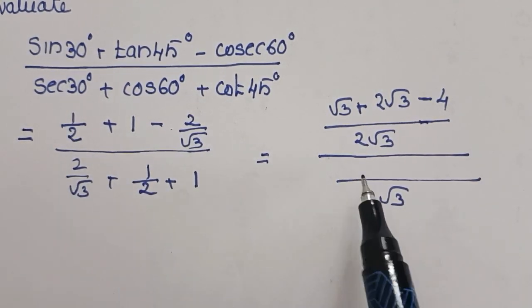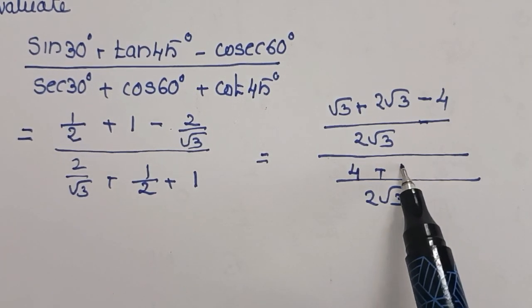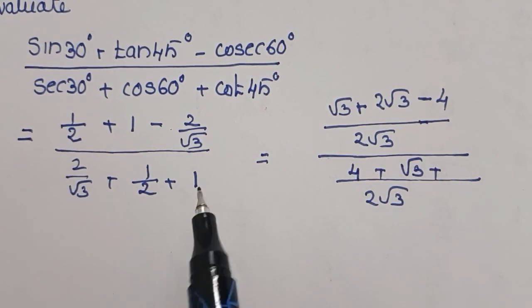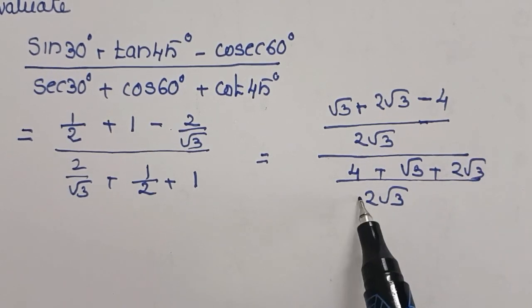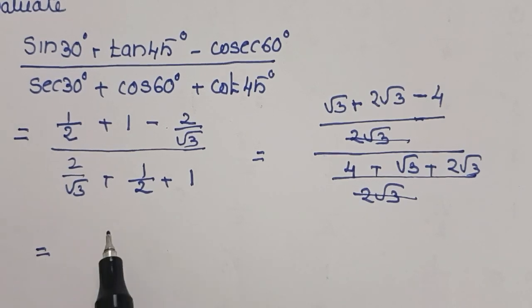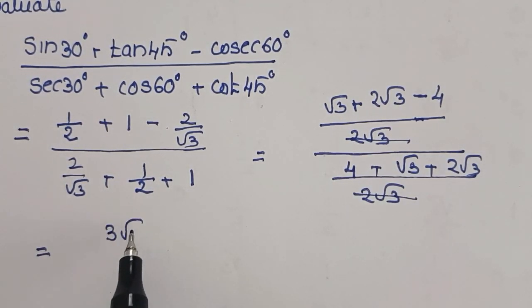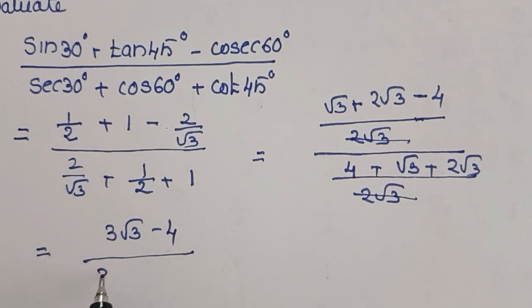First one into 2, 4, plus second into root 3, it is root 3, plus 1 into 2 root 3, that is equal to 2 root 3. 2 root 3, we can cancel. This is equal to root 3 plus 2 root 3, that is 3 root 3 minus 4, divided by denominator root 3 plus 2 root 3, that is 3 root 3 plus 4.